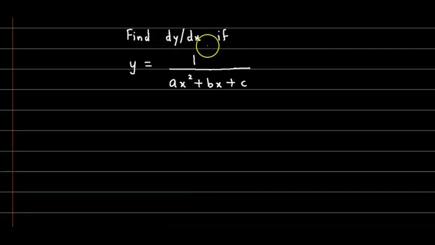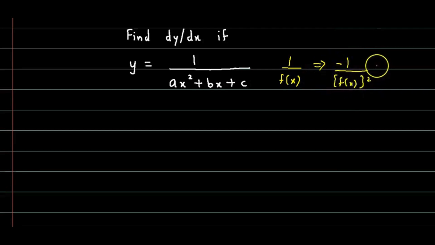Find dy by dx if y is equal to 1 upon ax square plus bx plus c. Now this is of the form 1 upon f x, and the derivative of 1 upon f of x is minus 1 upon f of x the whole square into the derivative of f of x, that is f prime x or f dash x.